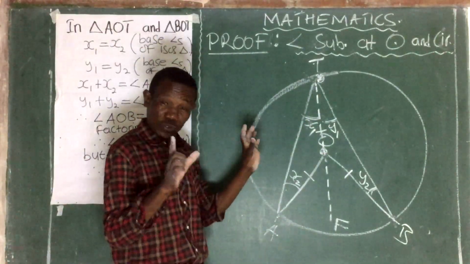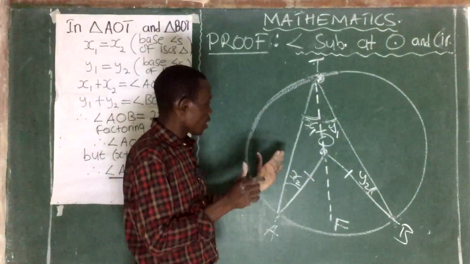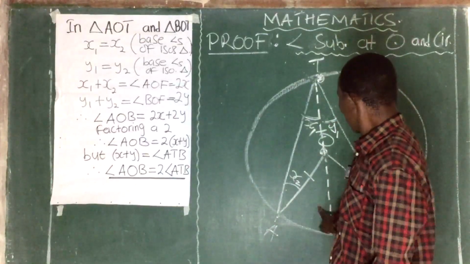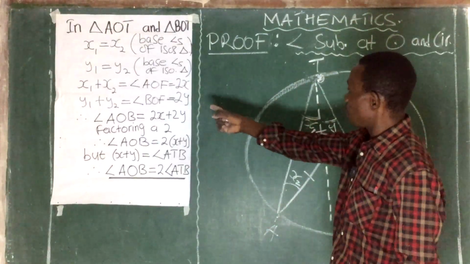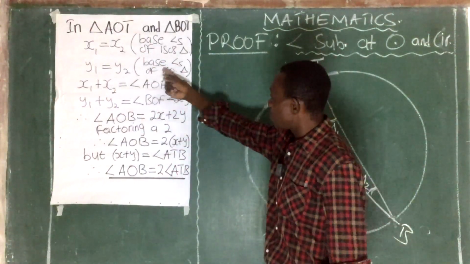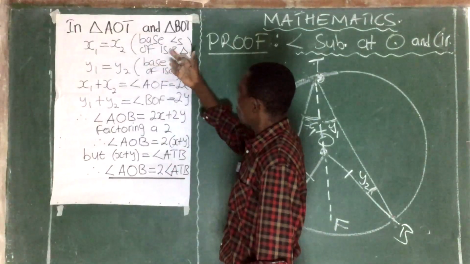Opposite sides of those two triangles are equal, therefore they deserve to be isosceles triangles. Having noted this, as I've already explained, y1 is y2, base angles of isosceles triangle, and the same x1 is x2, base angles of isosceles triangle.